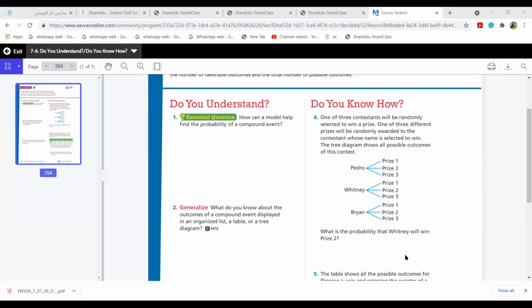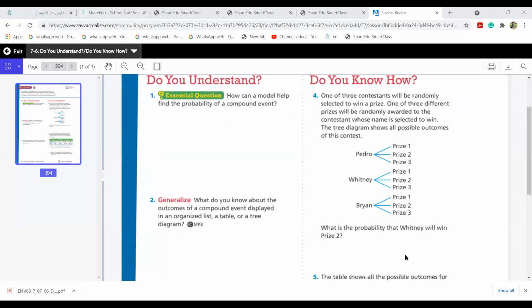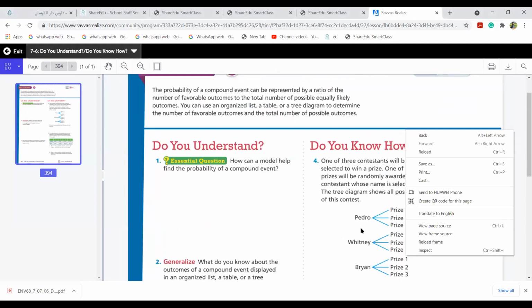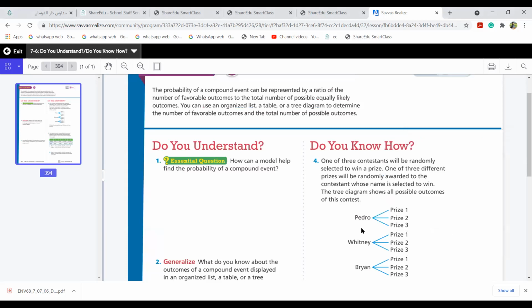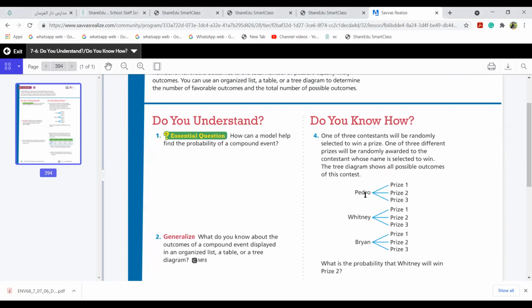One of the 3 contestants will be randomly selected to win a prize. One of 3 different prizes will be randomly awarded to the contestant whose name is selected to win. The tree diagram shows all possible outcomes of this contest.